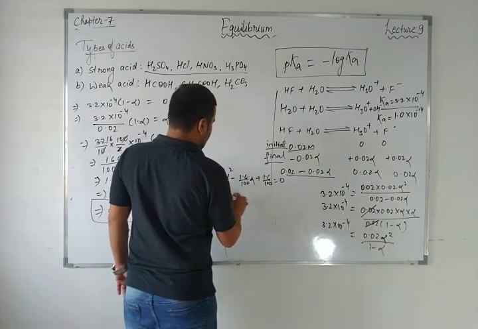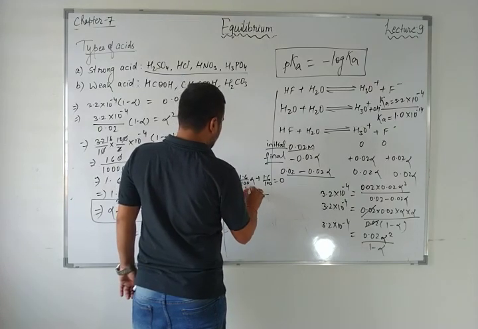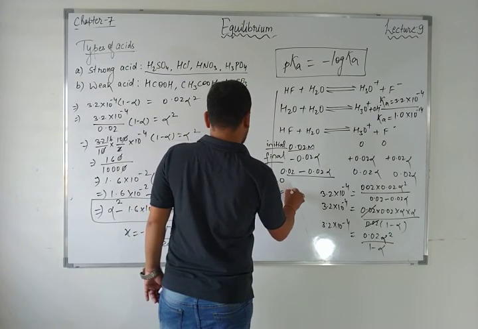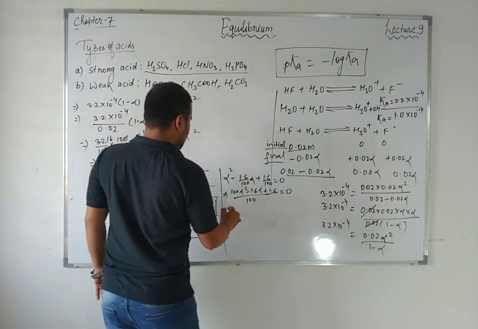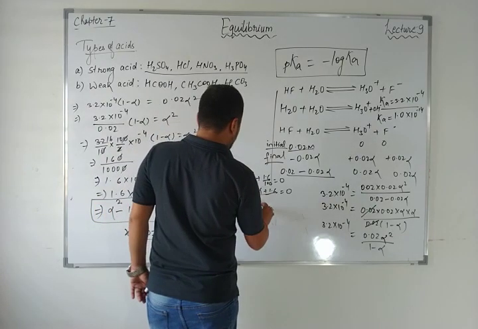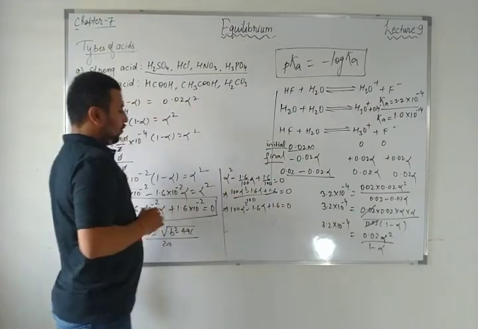So take the LCM: 100 alpha square minus 1.6 alpha plus 1.6 is equal to 0. Or you can write this equation like this: 100 alpha square minus 1.6 alpha plus 1.6 is equal to 0, right?